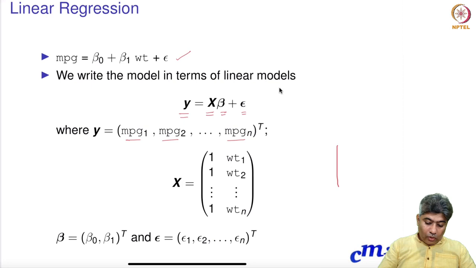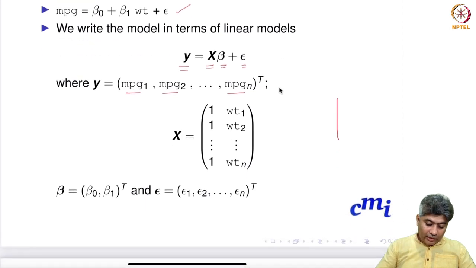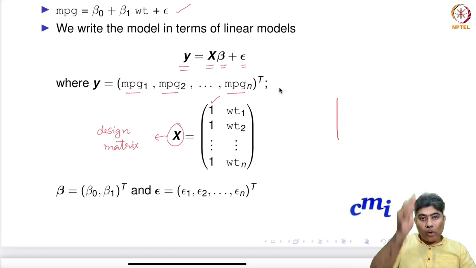Now X has two columns. X is typically called the design matrix, and the first column is all ones.